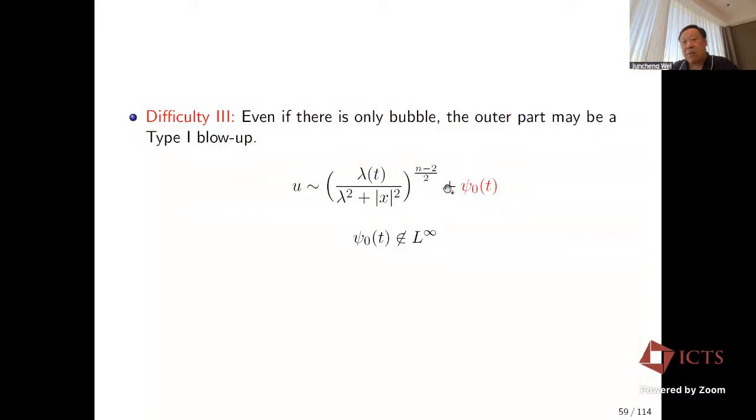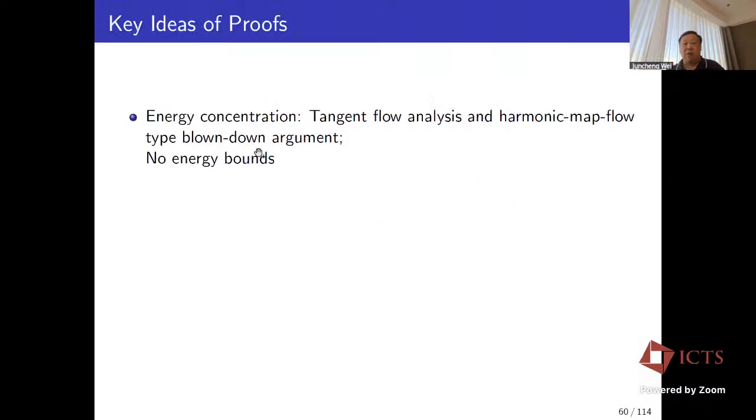So the outer problem may be a type 1 blow-up. And this exactly happens in dimension 6. In dimension 6, the outer problem is type 1. So we have to show that this outer problem actually cannot have type 1. Okay? Cannot have type 1.